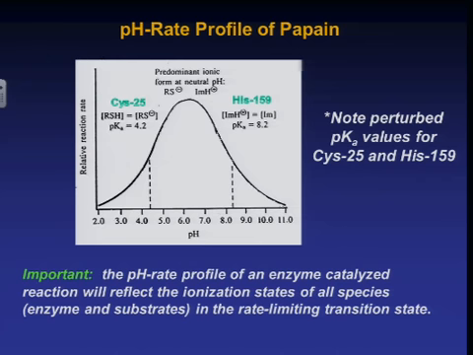The first is, let's say you had one entity that had to be charged or not. You wouldn't necessarily see this bell curve, but this bell curve tells you that you have one curve like this, which looks like a what? A general base curve, and you've got another one which is like a general acid curve, and they're being superimposed. Okay?